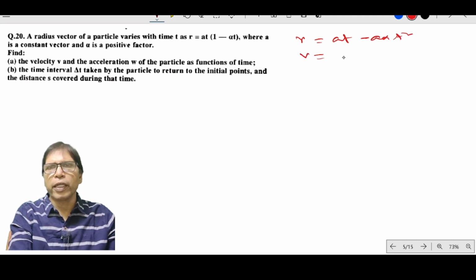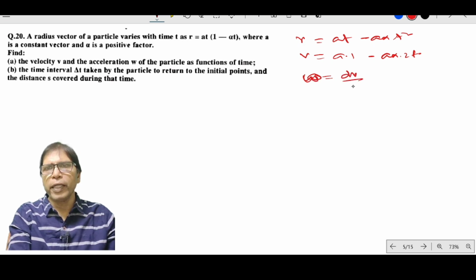Therefore, velocity v equals a into 1 minus a alpha into 2t. Now acceleration w equals dv by dt. Therefore, this is 0 minus 2a alpha.